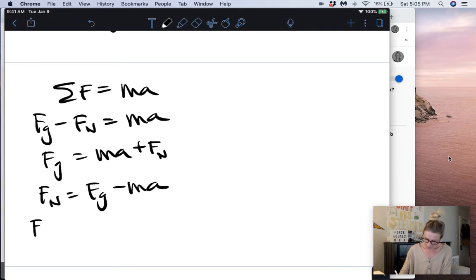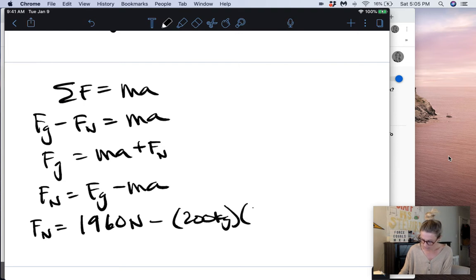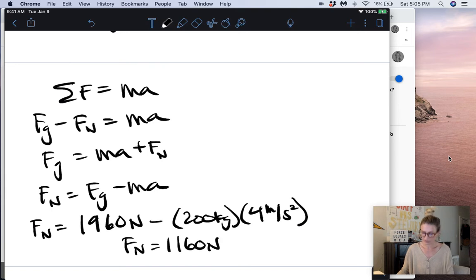The normal force is equal to the force of gravity, which I just found to be 1,960 newtons, minus Bob's mass, which is 200 kilograms, times the acceleration, 4 meters per second squared. So we get 1,960 minus the quantity 200 times 4, and we get 1,160 newtons. So Bob does feel lighter.